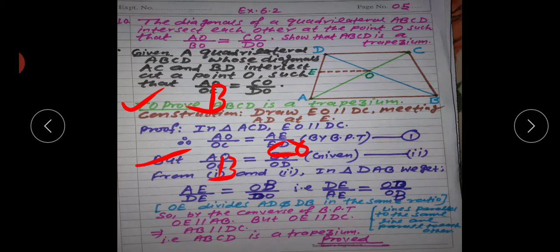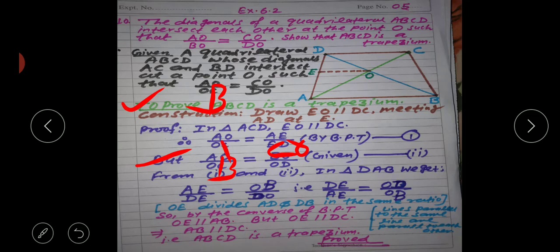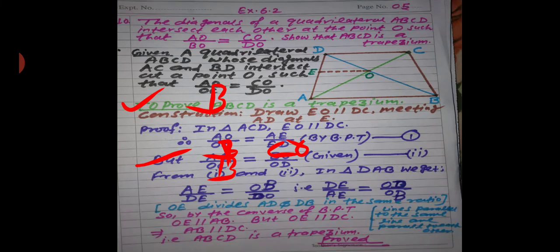Now the LHS of both the equations are equal. Here there will be B, and here also there will be B. So AO upon OB is in the LHS of equation first, and AO upon OB is here also in equation second.